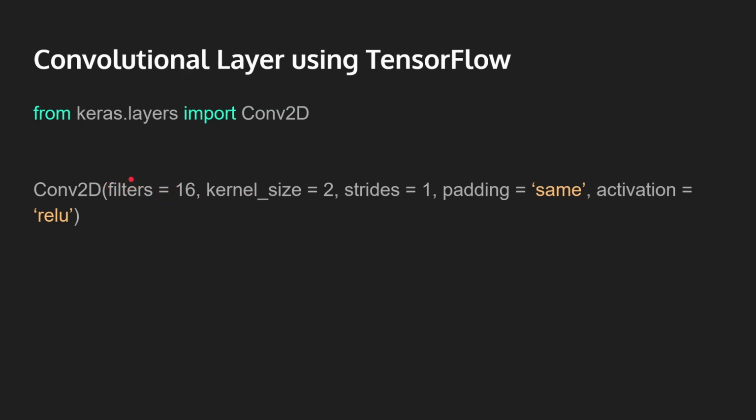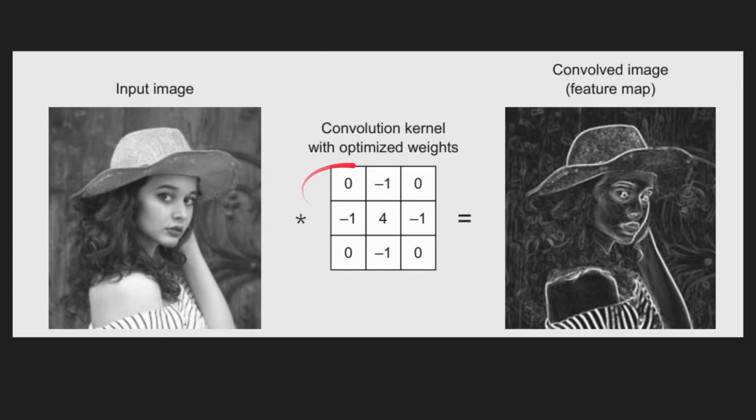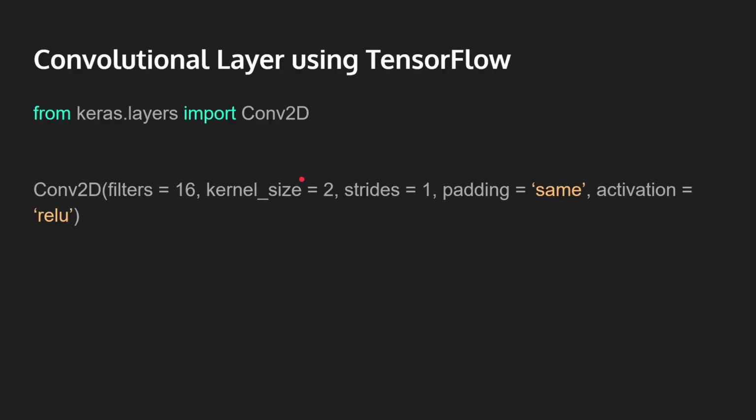It basically represents the depth of the output, right? Remember the depth of the output, okay? And kernel size equal to 2 here means that instead of a 3x3 kernel, we have a 2x2 kernel, okay? You can think of it as a 2x2 sliding window.